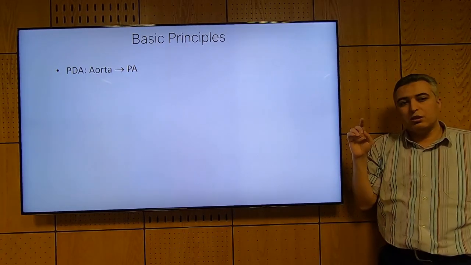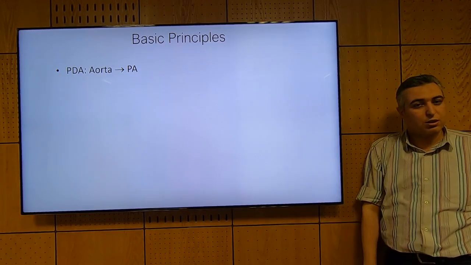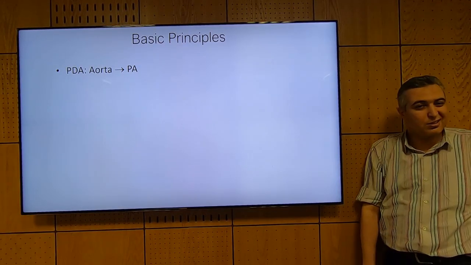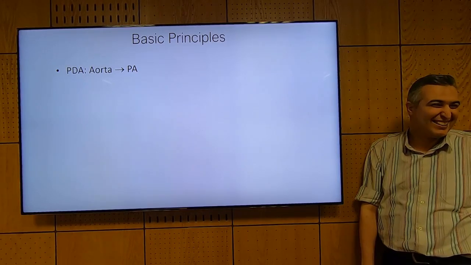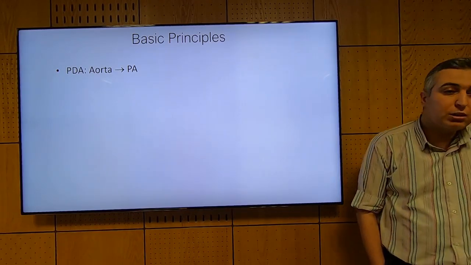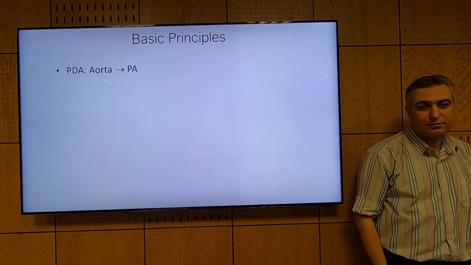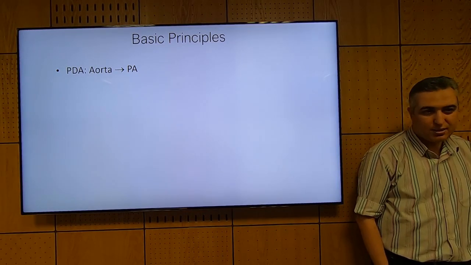Does that occur in systole or diastole or both? For the PDA, both. No, it occurs in systole. What's the systolic pressure in the aorta in a normal adult? Maybe 100, 120, something like that.